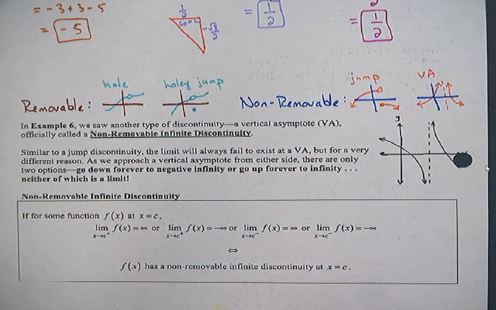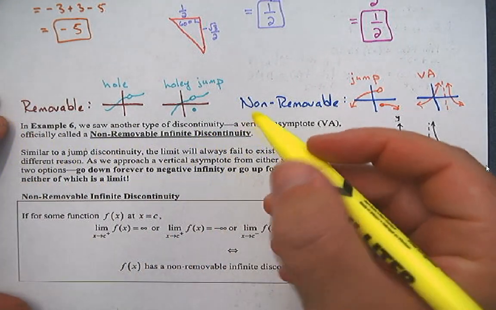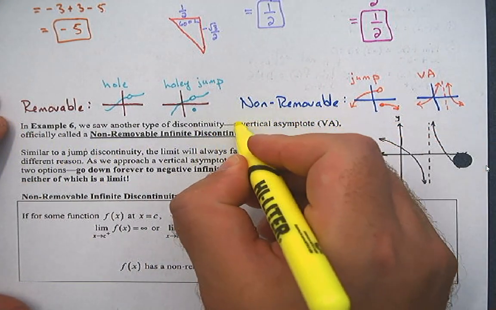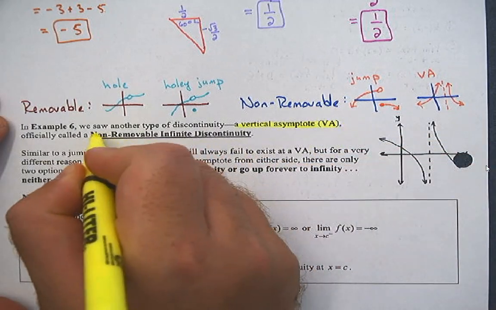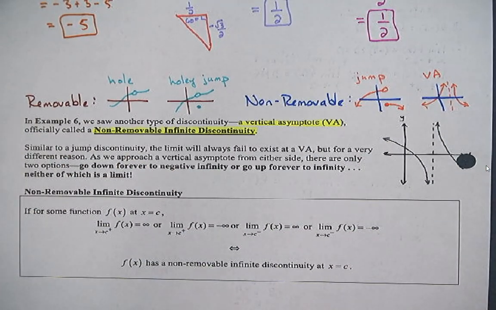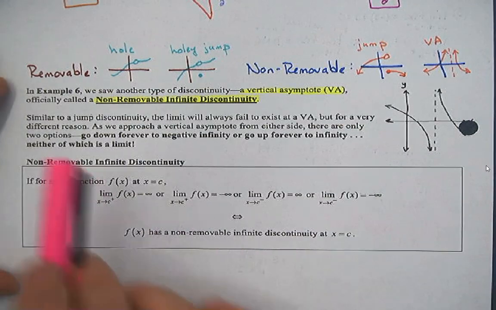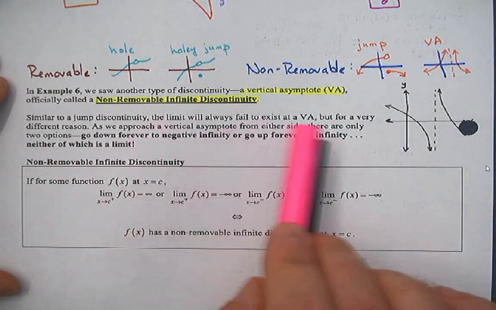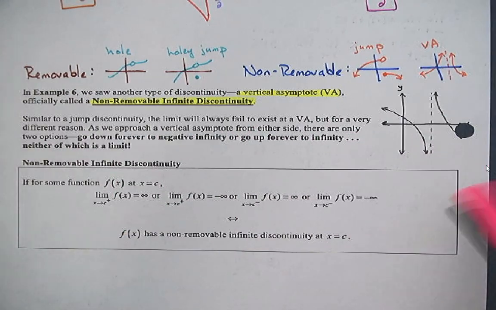So let's formalize that. We saw another type of discontinuity in example 6. This was a vertical asymptote, a VA. They call this a non-removable infinite discontinuity, which, like I said before, I don't remember ever seeing again in this class. So we just call them VAs from here on out. Similar to a jump discontinuity, the limit will always fail to exist, but the one-sided, we'll just skip all that part.